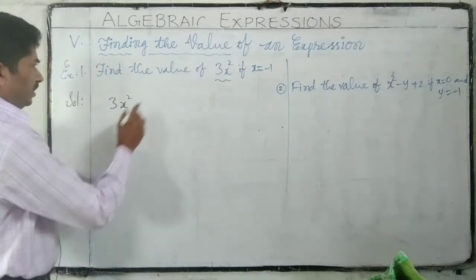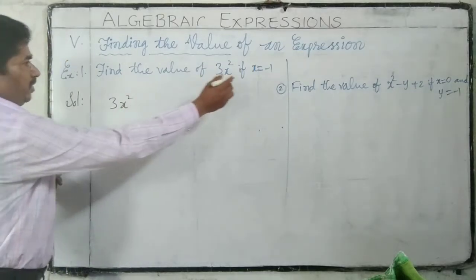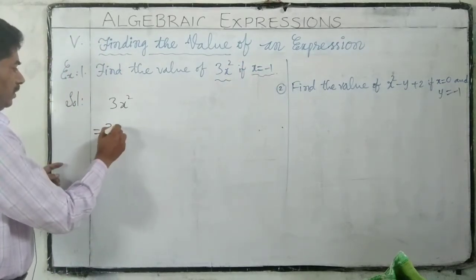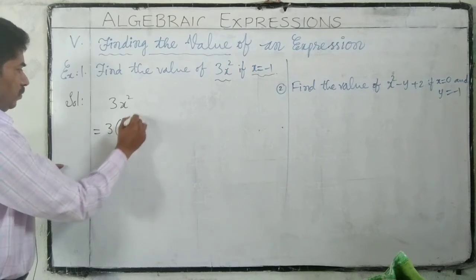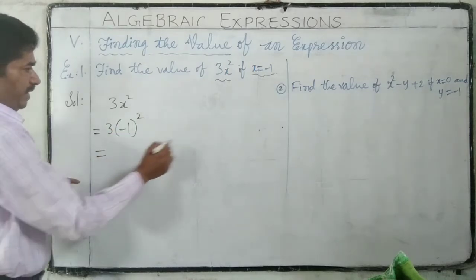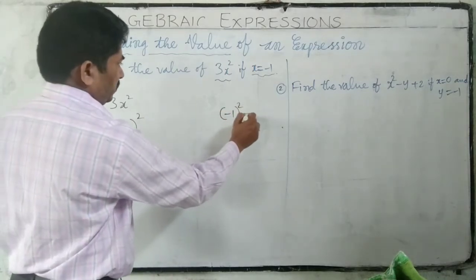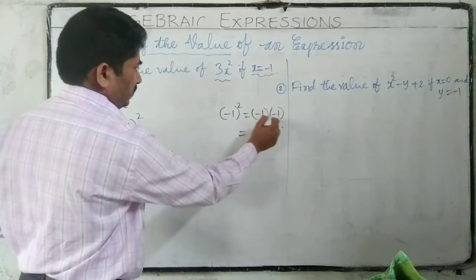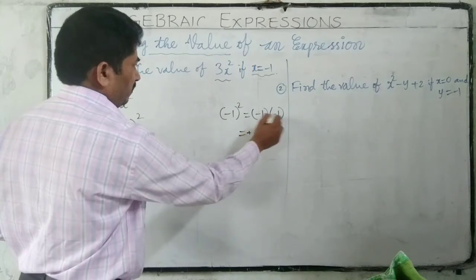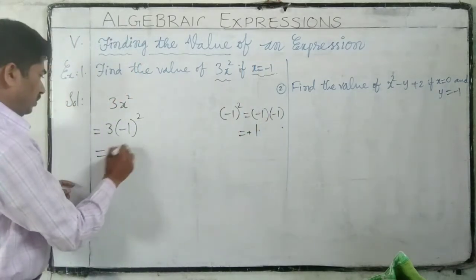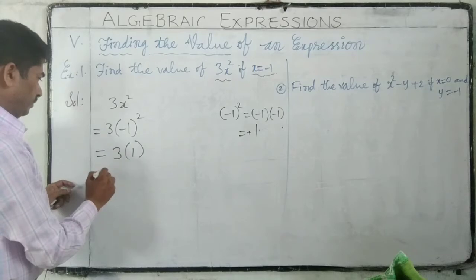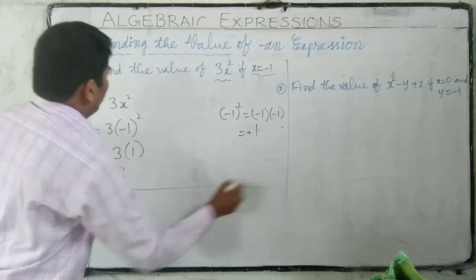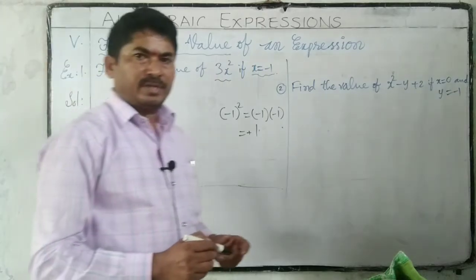Then we have to substitute the given value in this expression: 3 into minus 1 whole square. Minus 1 whole square means minus 1 into minus 1, which is plus 1. So 3 into 1, 3 ones are 3. So this is the value of the given expression.